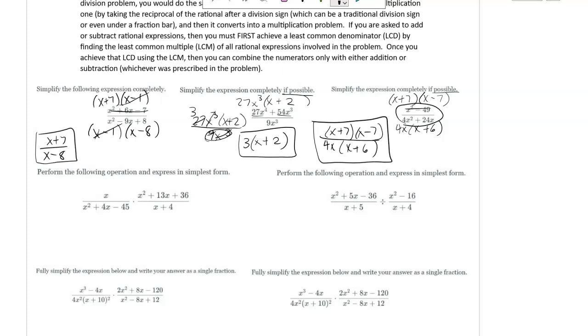Now we'll look at this problem, which is now a multiplication problem. That is the operation in this problem I can tell because of that times symbol. And so what I'll do is, at each piece of these rational functions, I'm going to factor.